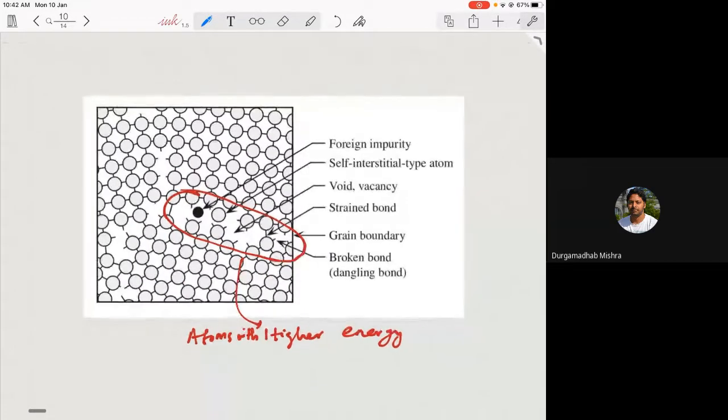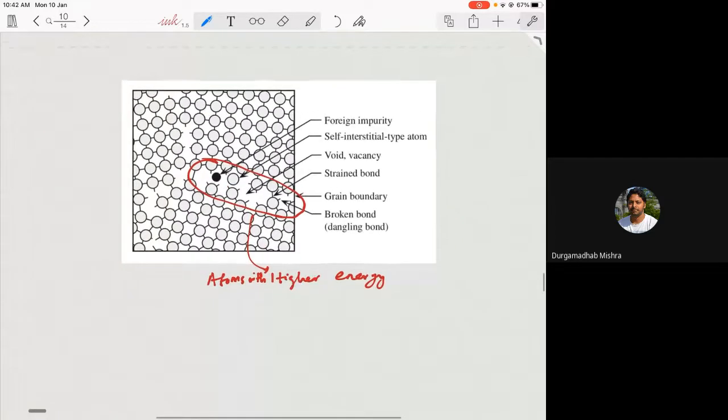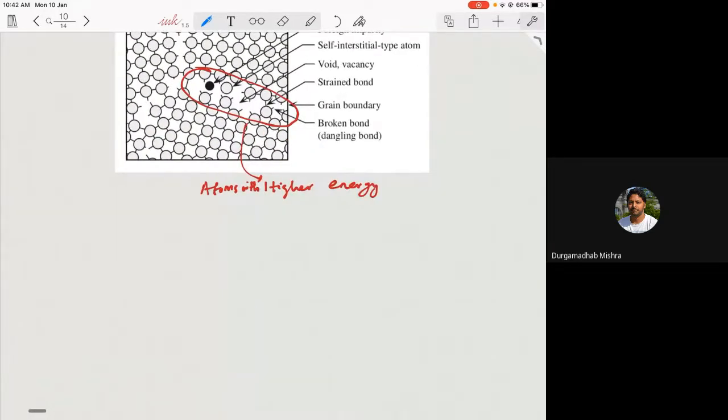This is another field in material science, but we will not look at grain boundaries in this course, though it is also interesting. And what is a grain boundary? A grain boundary is nothing but where two grains meet.